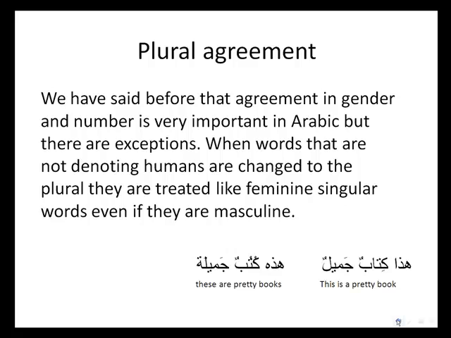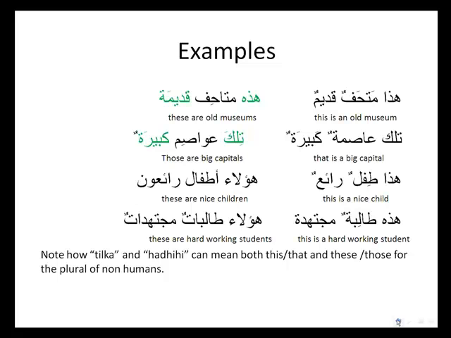And as we just said, the plural of non-human things, such as books, cars, cats even, aquariums and so on, are treated as feminine singular when they are in the plural state. Now we're going to have some examples of this on the next page.